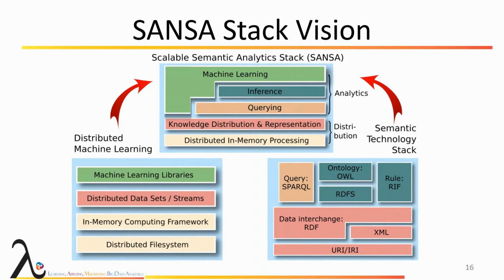What we have working already for distributed data is distributed file systems like HDFS, Hadoop Distributed File System, and then on top of it, in-memory computing frameworks like Apache Flink or Apache Spark. They offer algorithms, data structures, and programming APIs to work with distributed computing and distributed data in a scalable manner. So they offer distributed datasets and streams of datasets and many other functionalities.